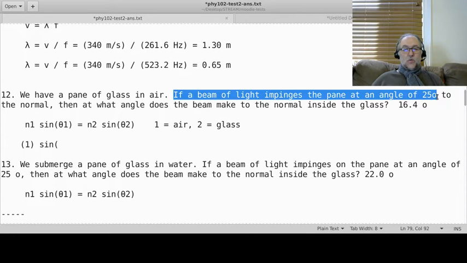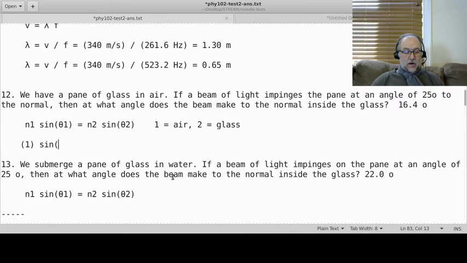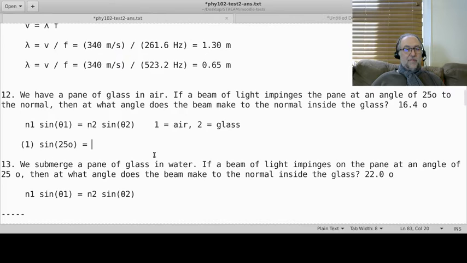If you read it carefully, if the beam of light impinges on the pane at 25 degrees to the normal, then what angle does the beam make to the normal inside the glass? So the 25 degrees is actually in the air. And the index of refraction of glass is 1.5.